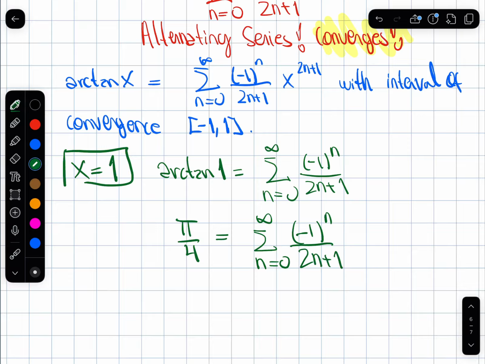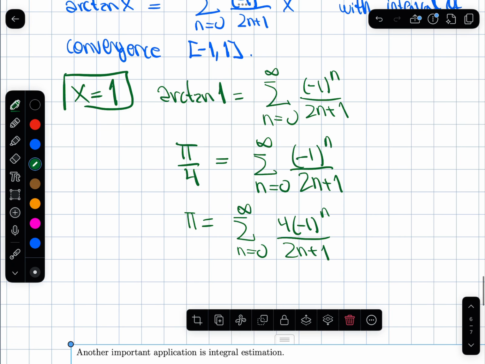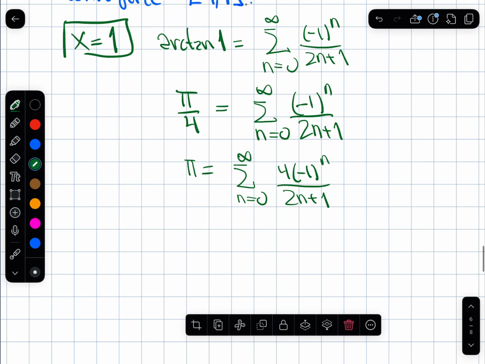So now, all of a sudden, there's a pi going on. If you take this 4, multiply over, you get that pi equals the summation n equals 0 to infinity of 4 times (-1) to the power n over 2n plus 1. And all of a sudden, if you need to find approximations for pi, well, then there you go.